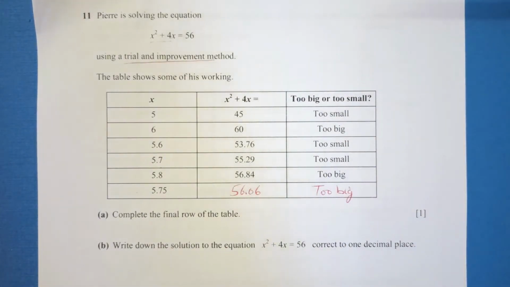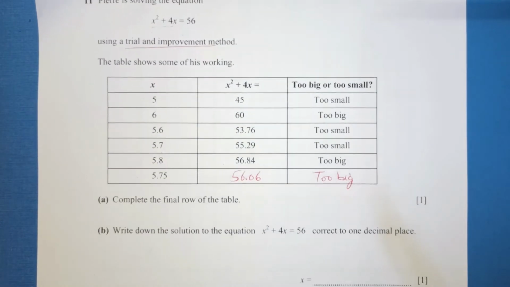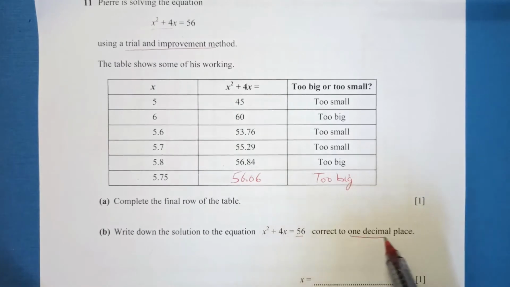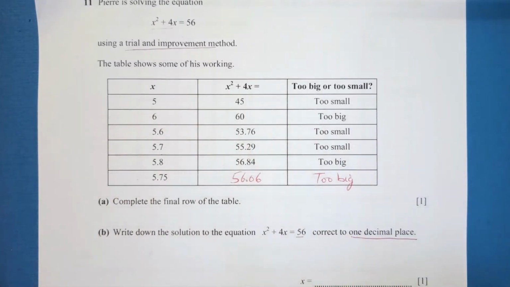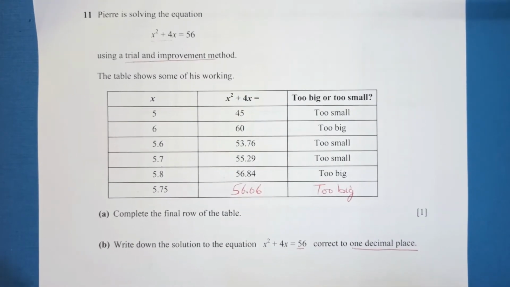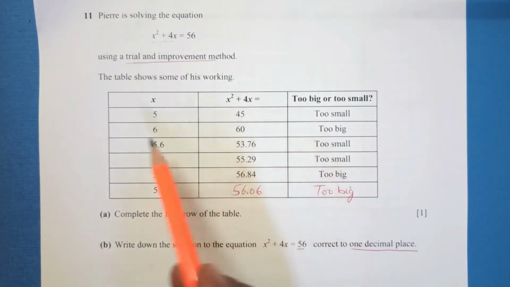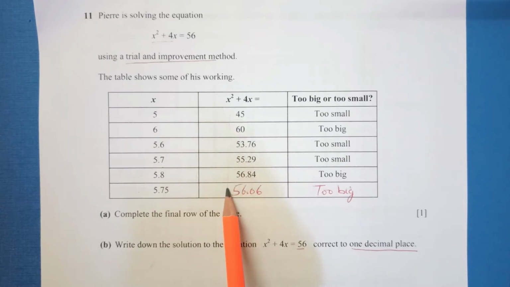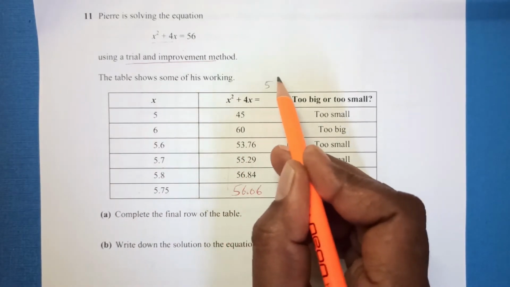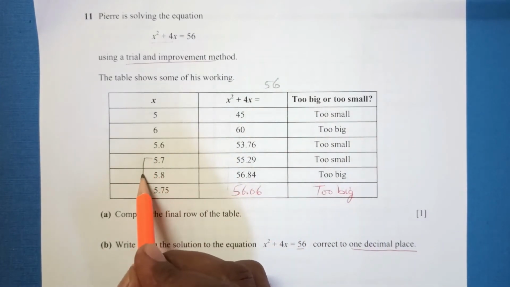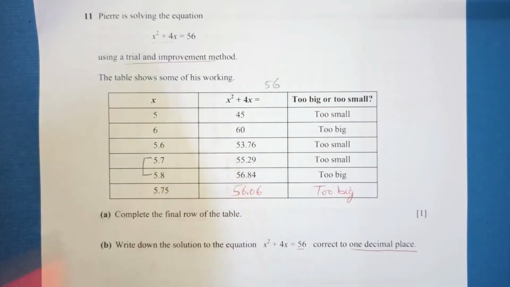Part B, write down the solution to the equation x squared plus 4x equals 56 correct to one decimal place. Now we need to look at the table of values for the answer. The values nearest to 56 are 5.7 and 5.8.